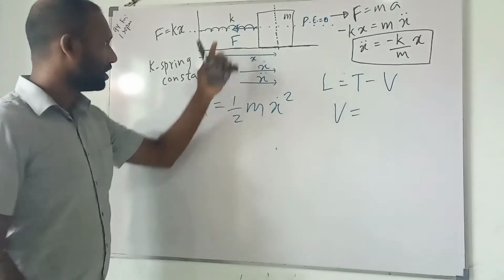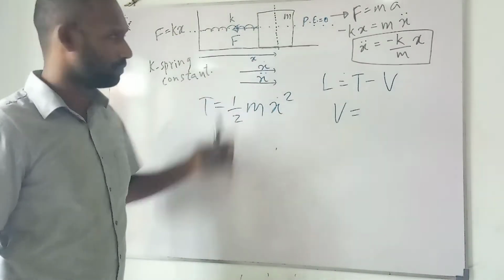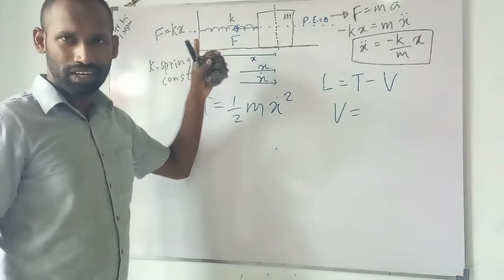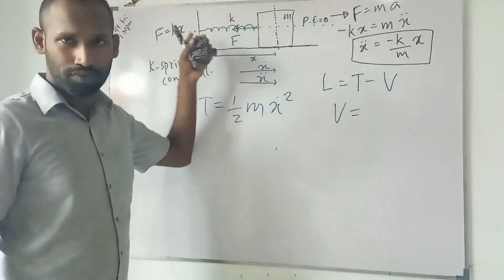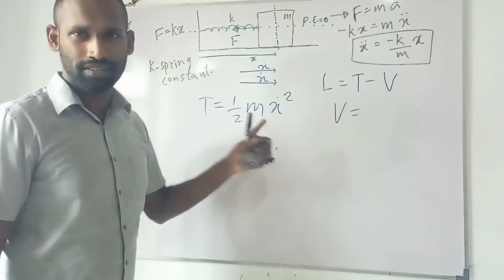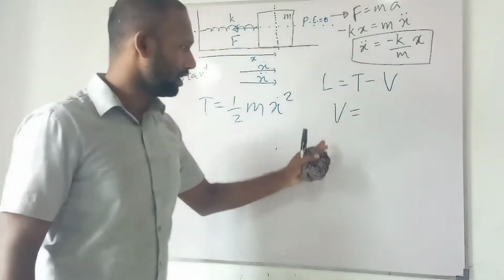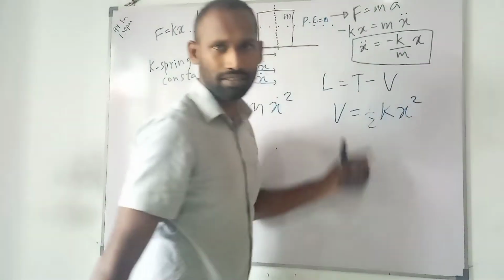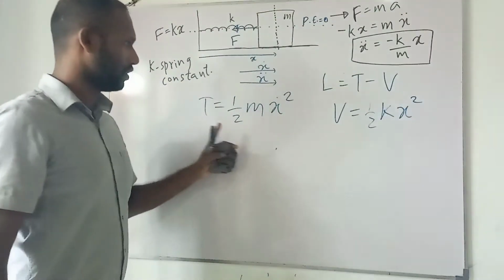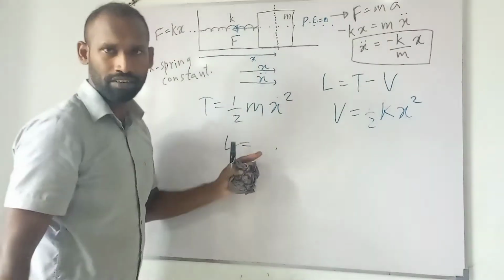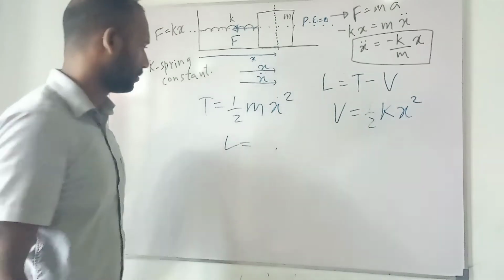But this is a spring. So we know that the potential energy of a spring equals half kx square. So V equals half kx square. Then L equals what?